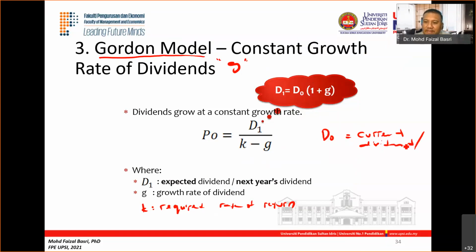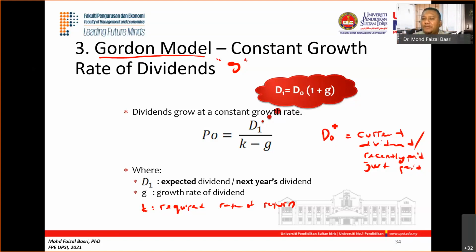Sometimes they might use the words recently paid, or just paid dividend. So to determine whether it is D0, look for keywords: current dividend, recently paid, or just paid. Anything to do with a dividend that has already been paid is the current dividend.